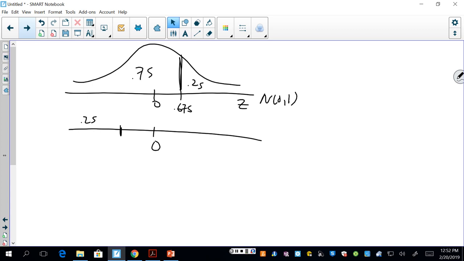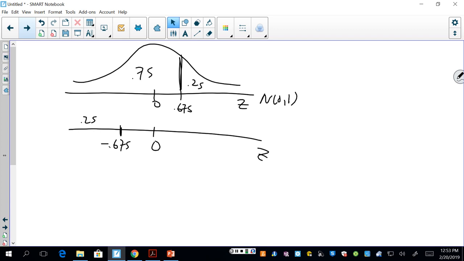So negative 0.675. One thing that's tricky in this example is everything's kind of decimals. 0.675 here is actually a z-value, rather than a percentage. If the z-values are 2.2 or 1.6 or something, it's clearly not a probability.